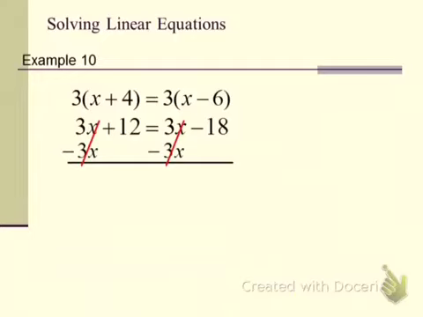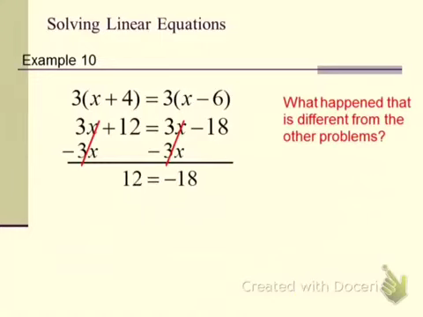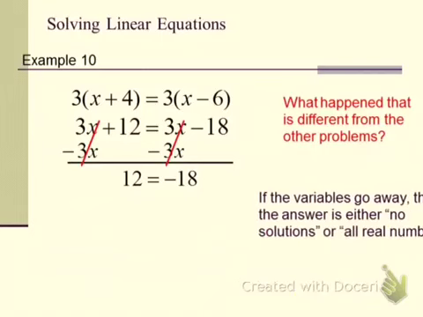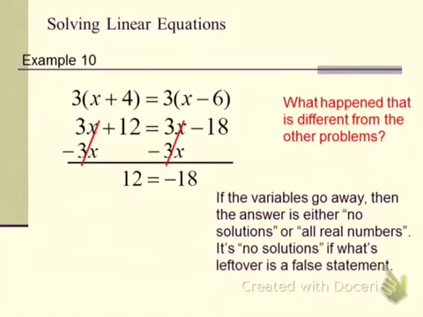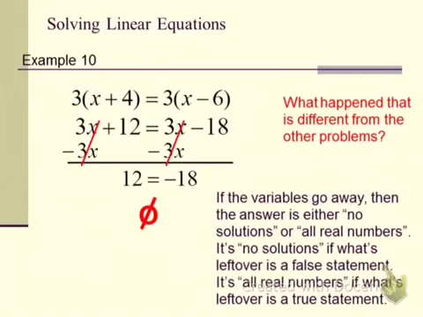Spanish for no more x's. And we're left with a statement that is not true. If your variable disappears and you're left with a statement that is not true, that tells us that this equation has no solutions. Okay? We could have seen that earlier just by examining slopes.